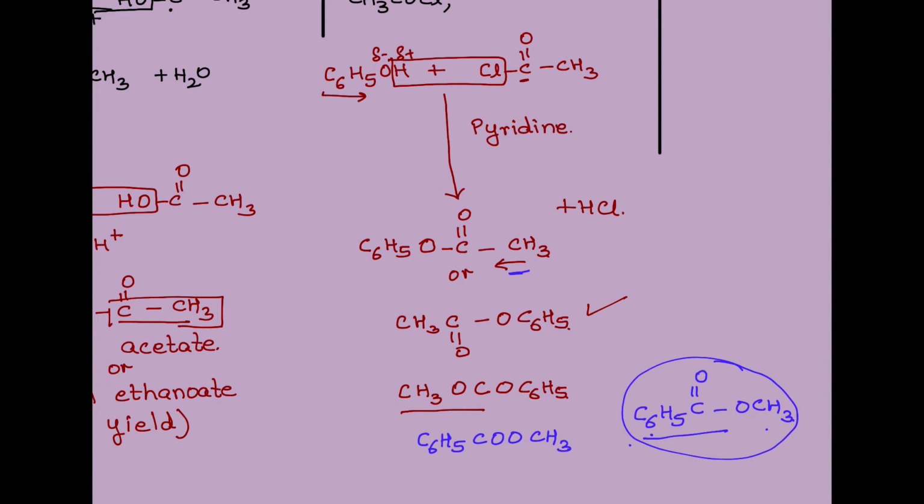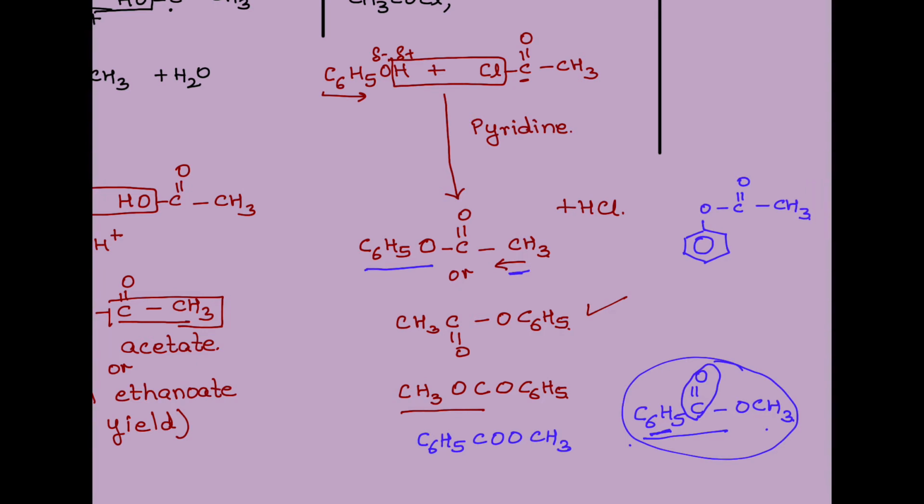Here, if I see here, the C6H5 is bonded to the C double bond O, whereas in our original structure, look at how we've drawn it, C6H5. So if I were to draw it in the form of a ring, it would be O, C double bond O, CH3. This is how it is.